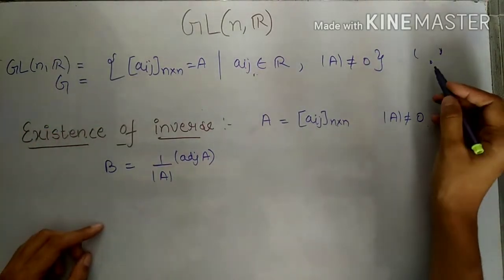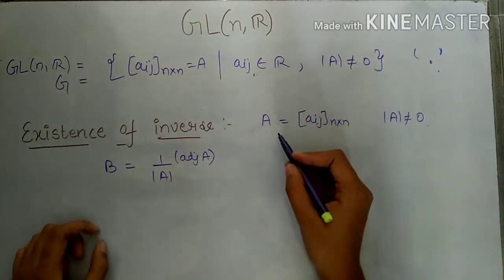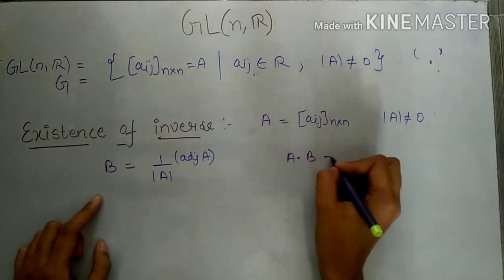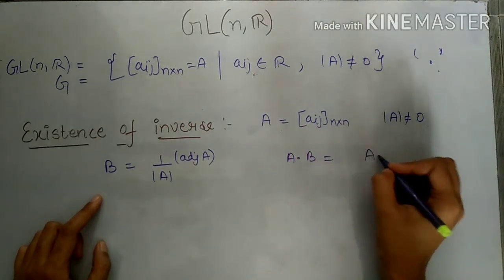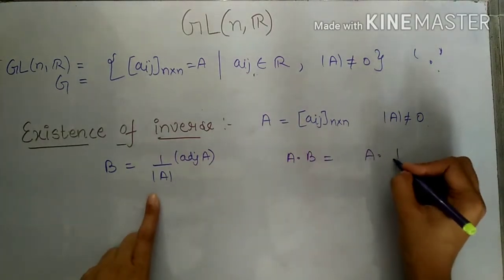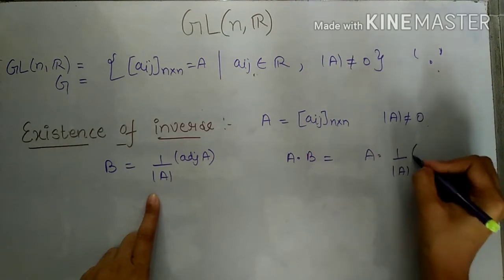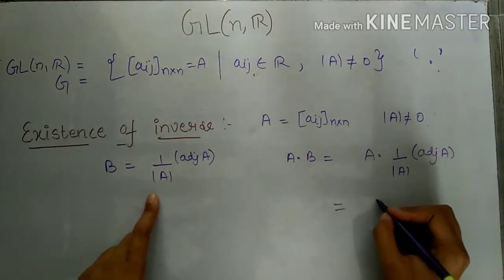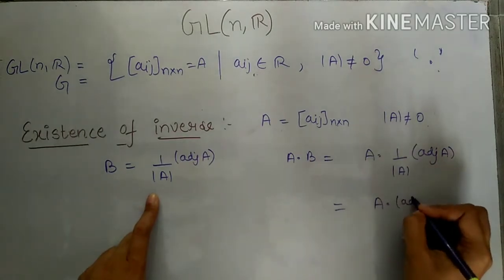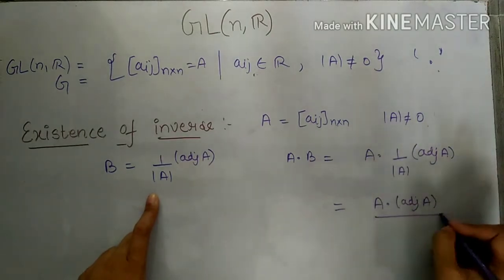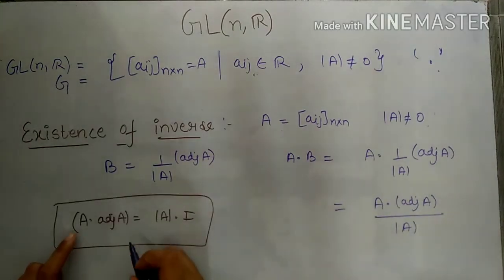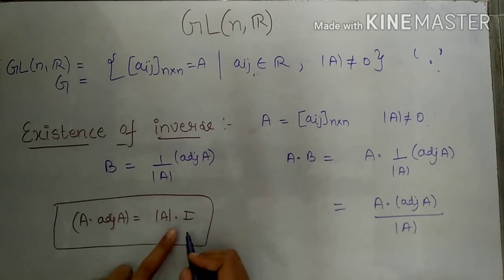And if I apply this operation of multiplication within these two matrices A and B, then what we get, A into B. This is equal to A into apply value of B, that is 1 by determinant of A into adjoint of A. This can be written as like this: A into adjoint of A by determinant of A. And we know value of A into adjoint of A is equal to determinant of A into identity.